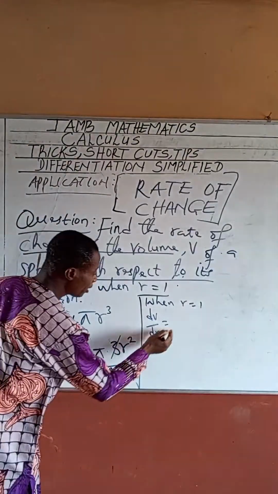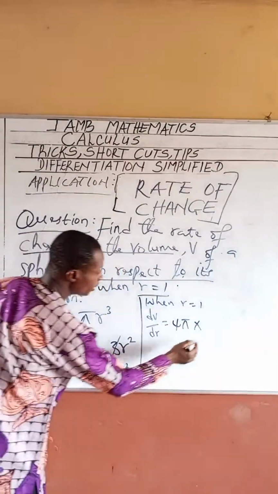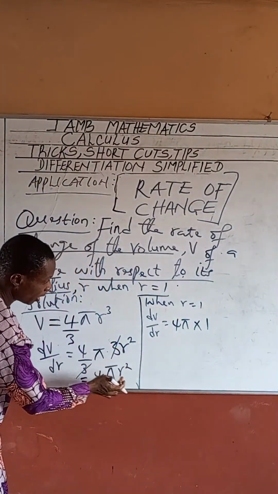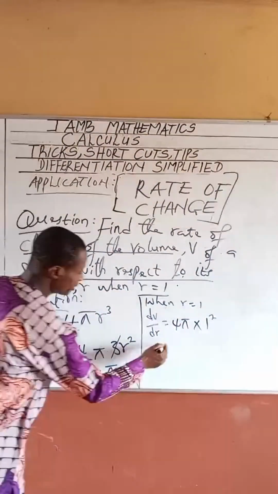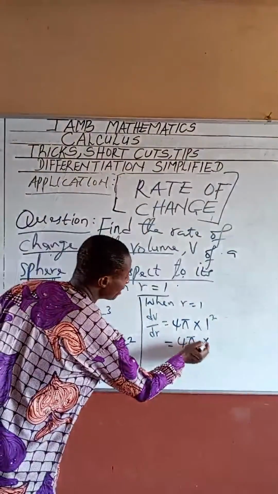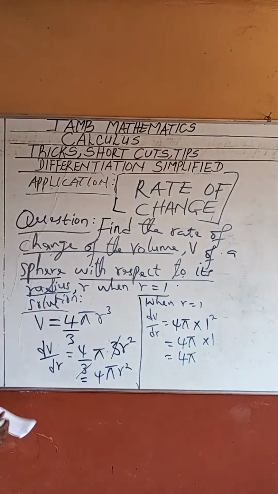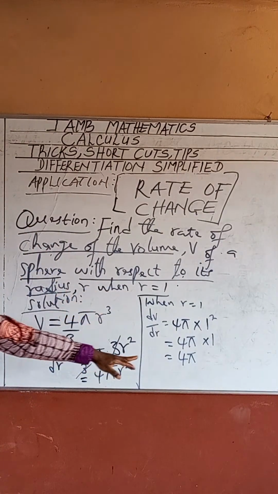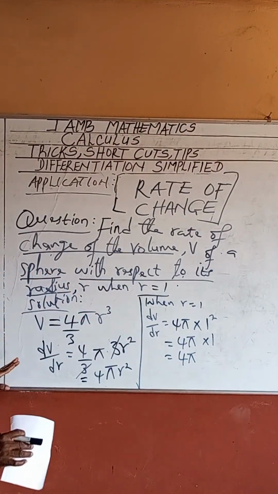That's 4π times 1 squared, which is 4π times 1, equal to 4π. That's how simple it is. This is called rate of change. So you will find something like this in the answer, and that is what you should choose.